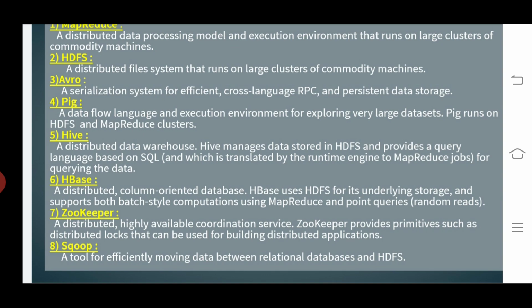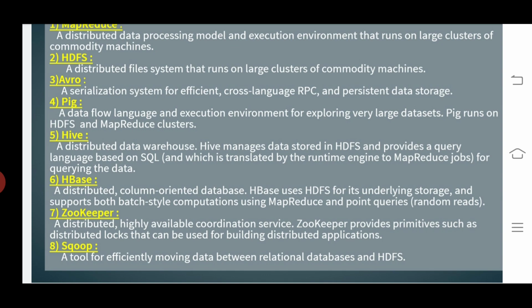for querying the data. And coming to HBase, it is the Hadoop database, a distributed column-oriented database. HBase uses Hadoop file systems for its underlying storage, and it supports both batch-style computation using MapReduce and point queries, that is, random reads.